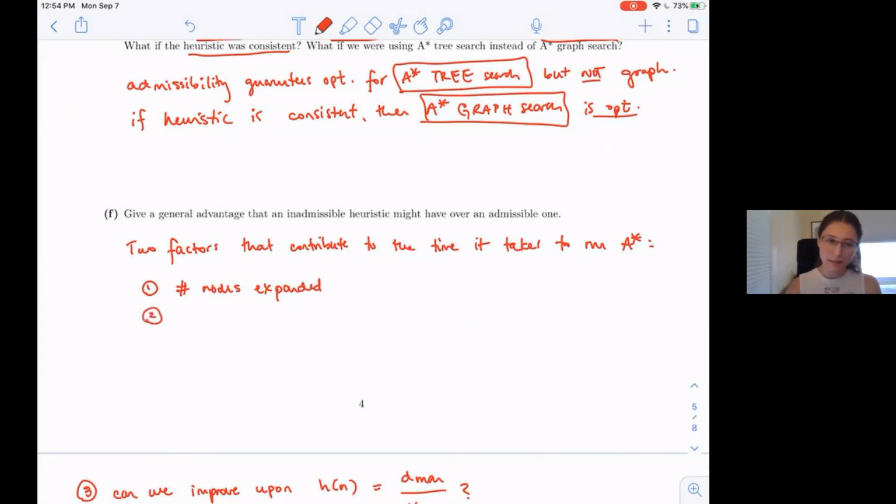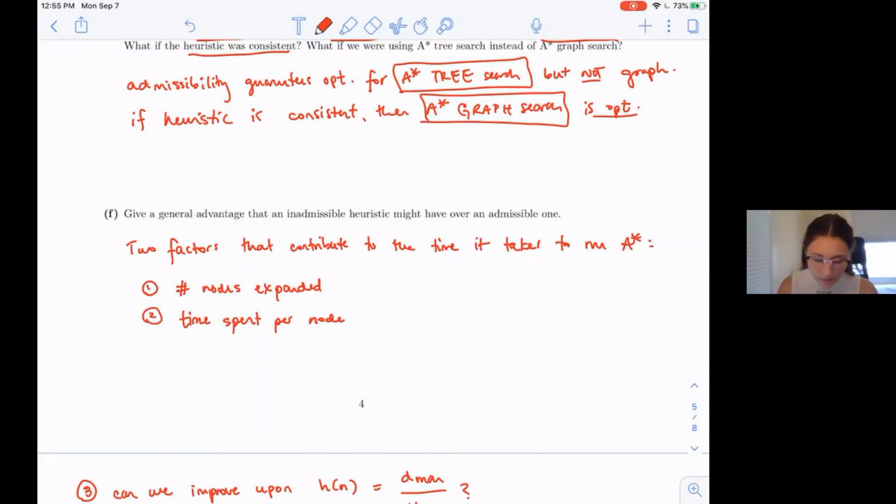And the second is the time spent per node, so how much compute time is spent per node. This time spent per node is typically governed by our heuristic. So if we have a really easy to compute heuristic, it's going to take us a very short amount of time at any given node to compute that heuristic and evaluate it.